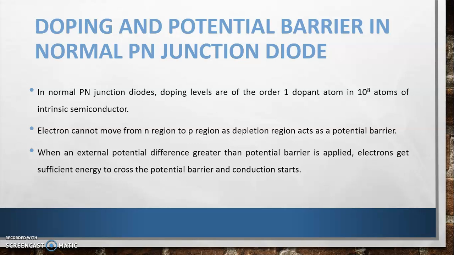For example, if you connect an external battery having potential greater than the potential barrier, electrons move from the N region to the P region, cross the depletion region which has that potential barrier, and conduction gets started. In short, the current is passing through that diode.